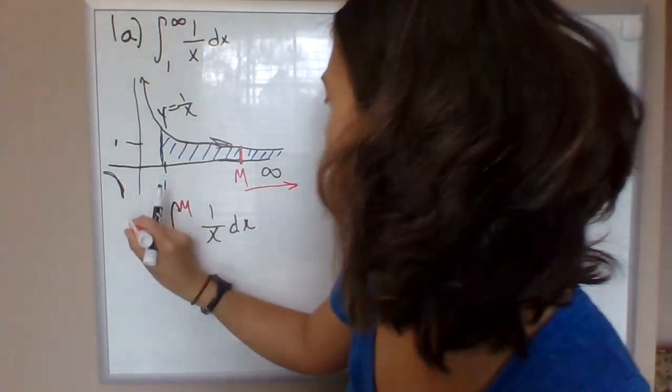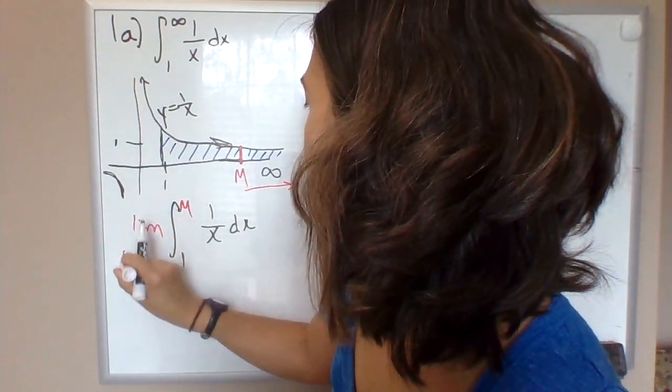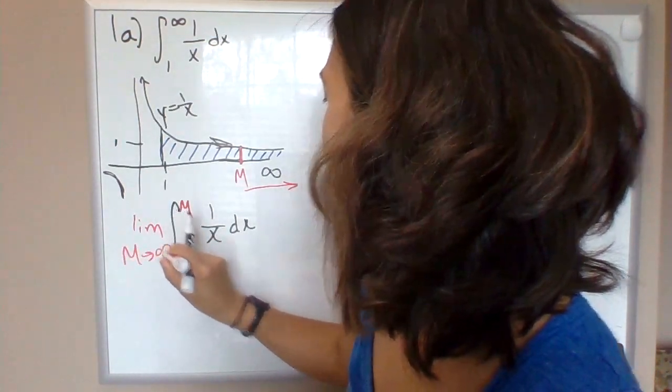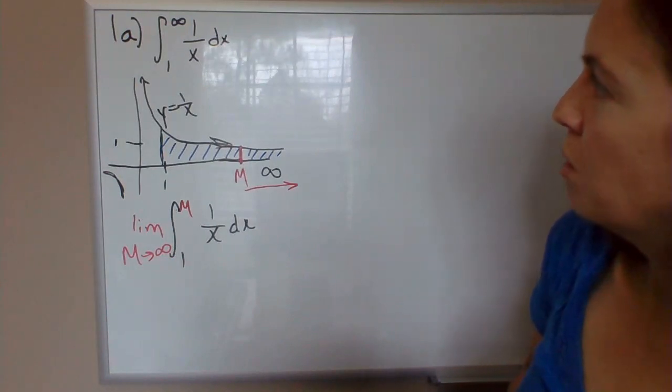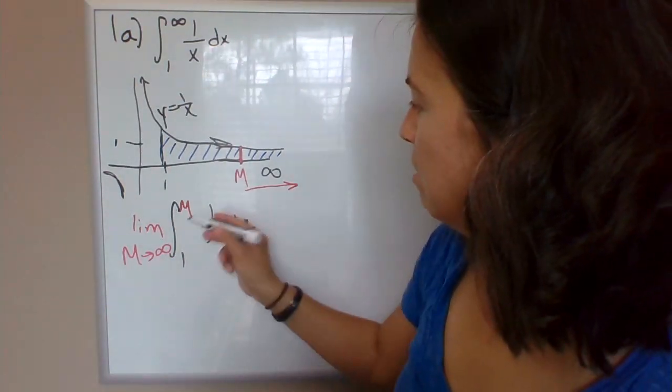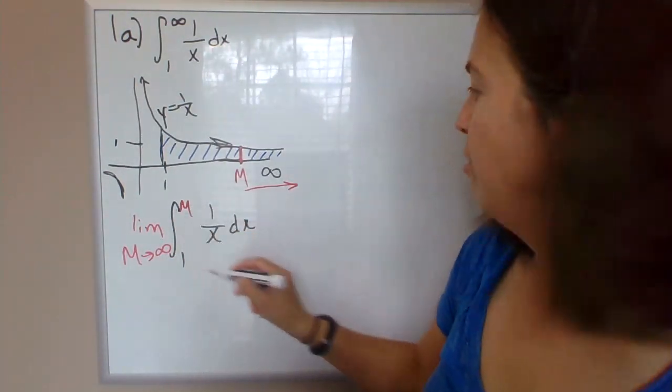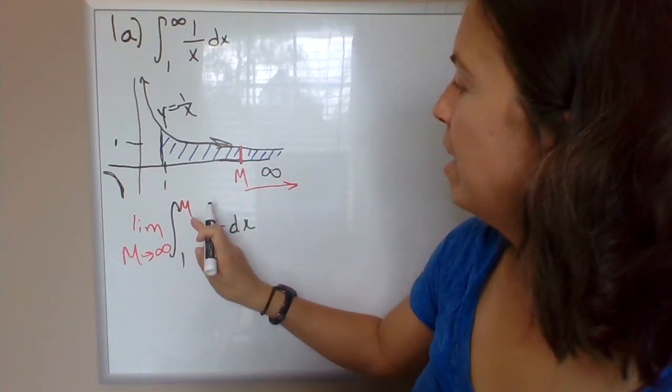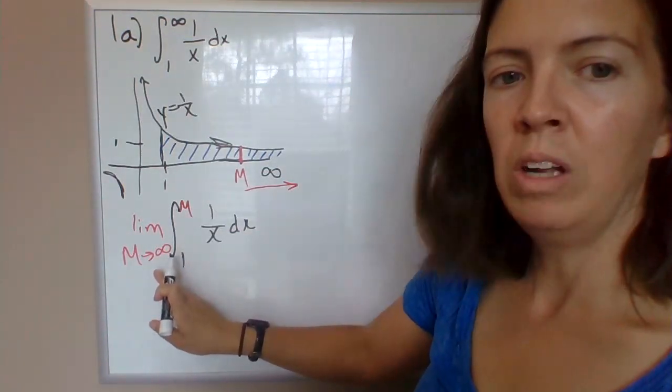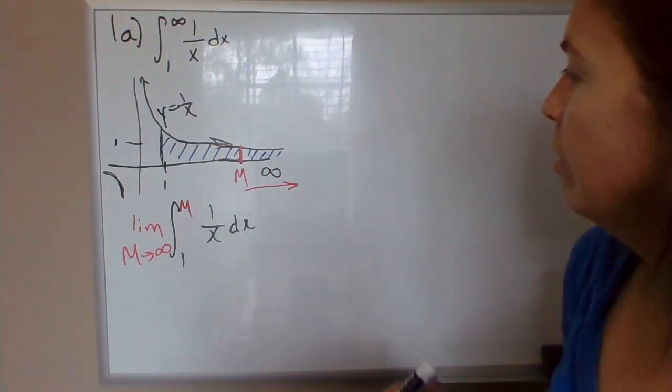So take the limit as m approaches infinity. And so this is the way we express an improper integral as a limit of a definite integral, where m is some finite number that's increasing without bound with this limit here.